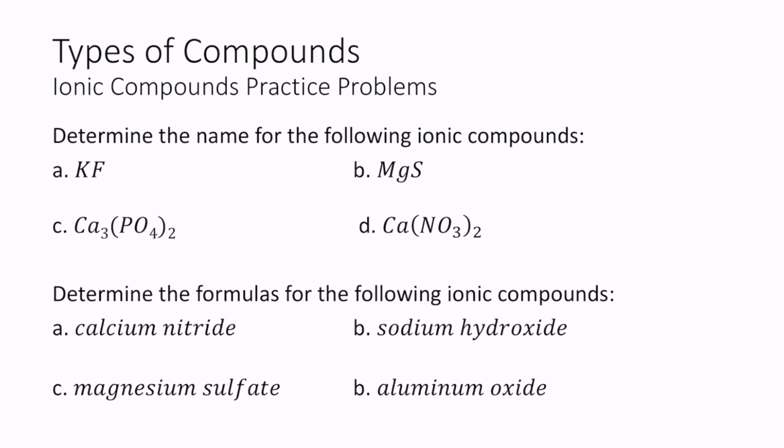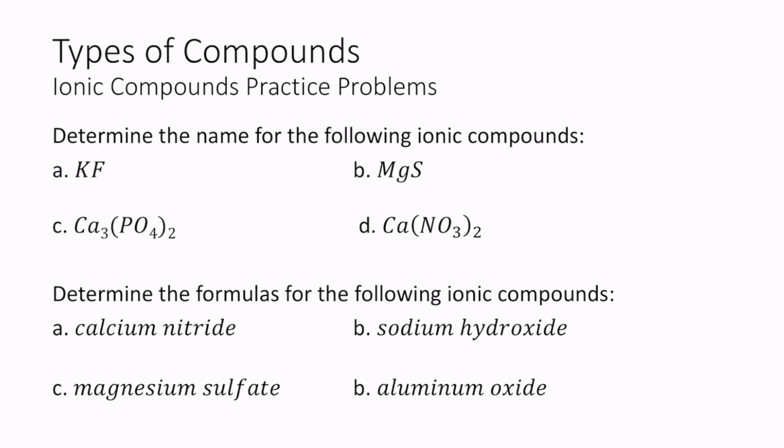So let's get some practice with naming ionic compounds. Determine the name for the following ionic compounds. So for these, I just have to identify my cation, name the cation, and then identify my anion and change the suffix to "ide." So for this first example, I have potassium and I have fluorine.